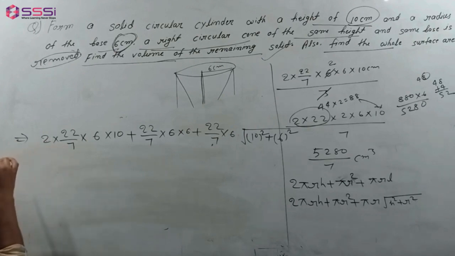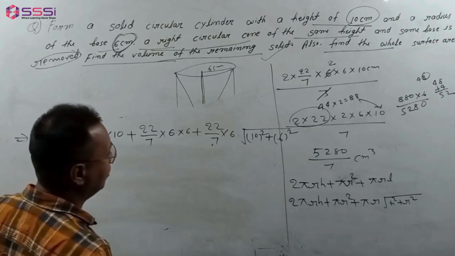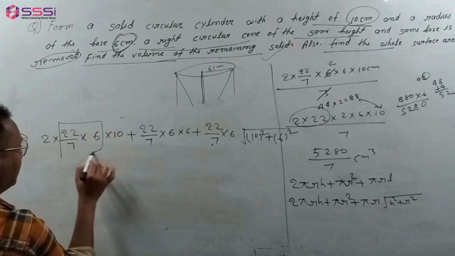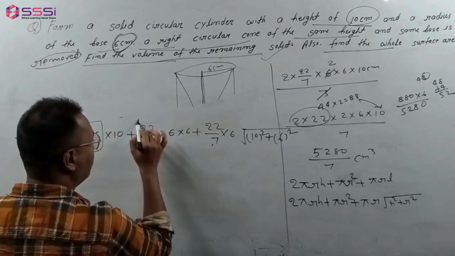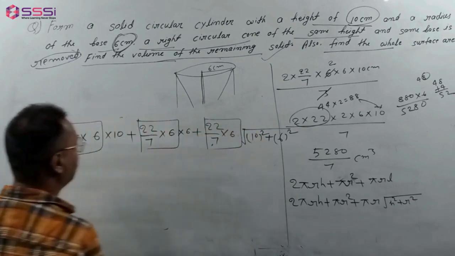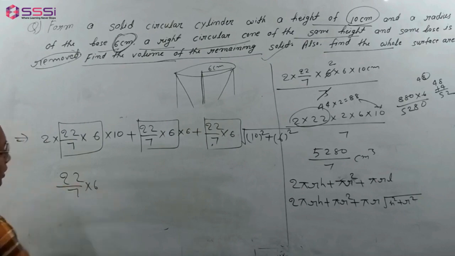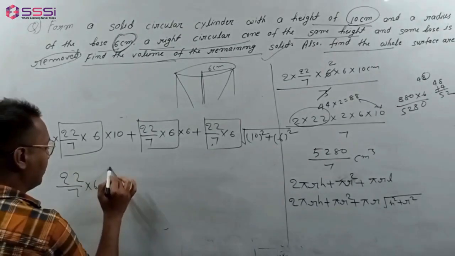2 multiply 22, 6 into 10. We are going to take common this number 22 by 7 into 6. This is our common number.